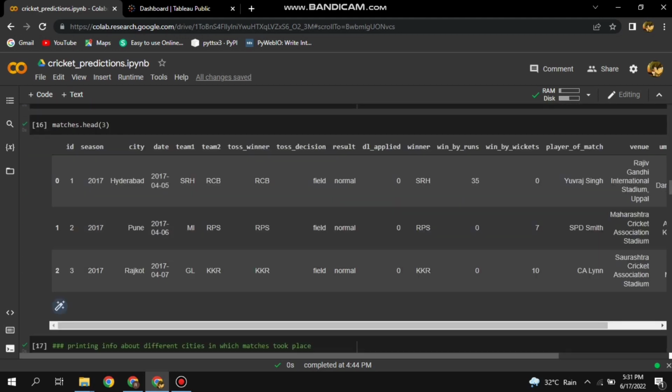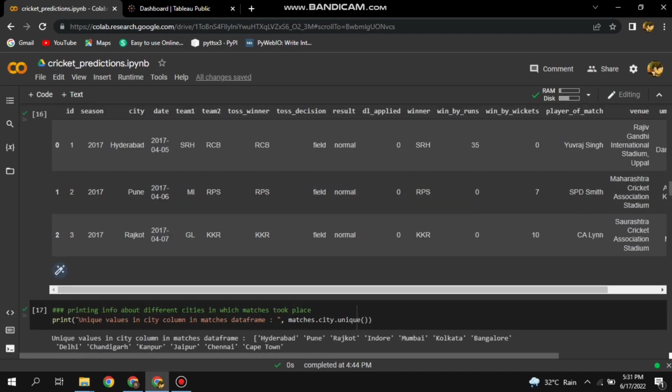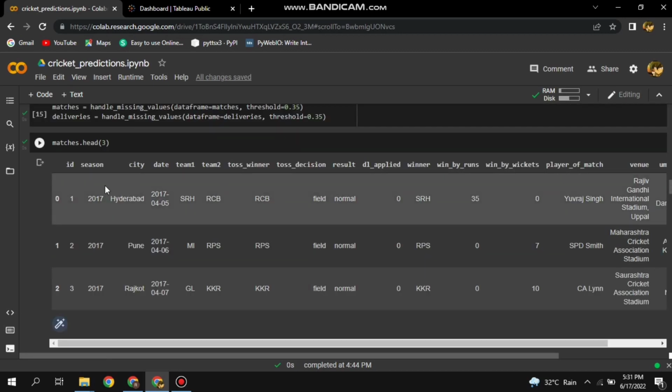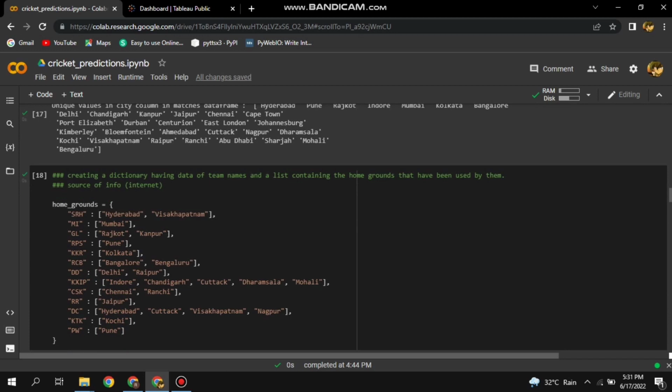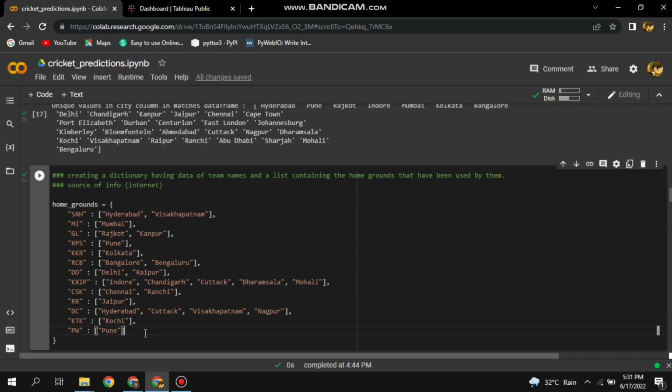And after doing that I found out that there are two columns, one is venue and the other is the city column. So I derived another feature, which is the home ground feature. I defined a dictionary which contains the data taken from the web about the teams and their respective home grounds.